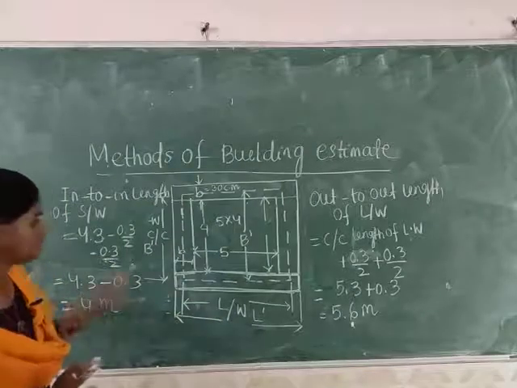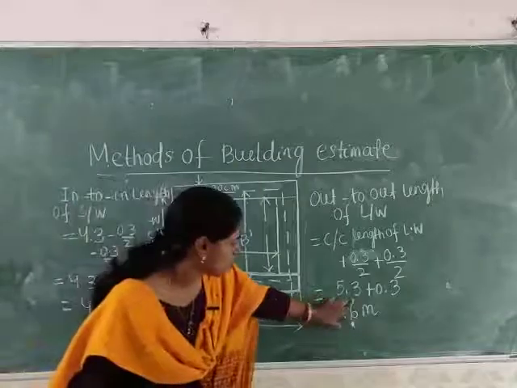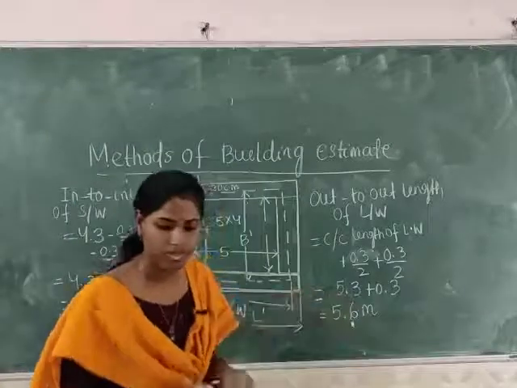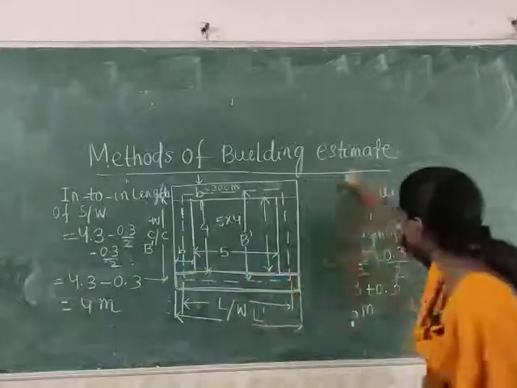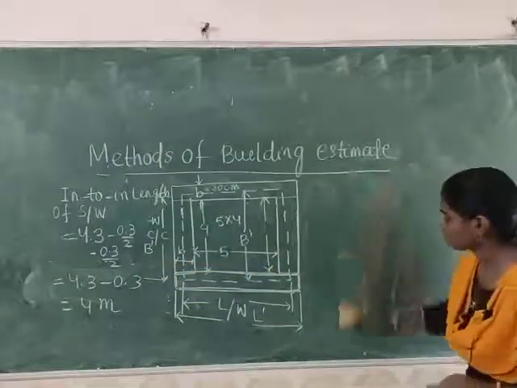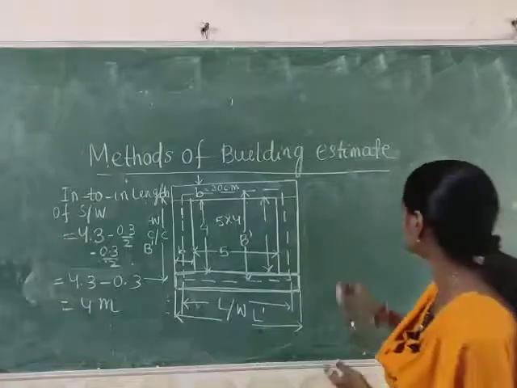Now, the out to out length of the long wall is 5.6 meter.